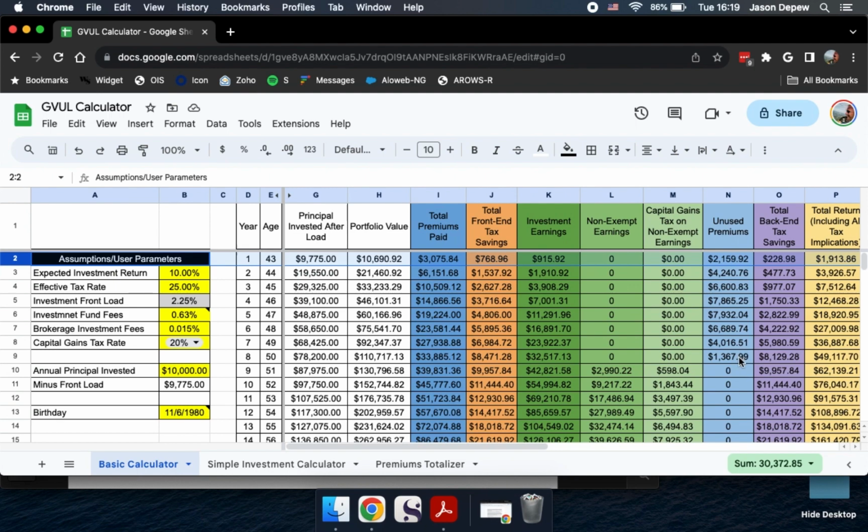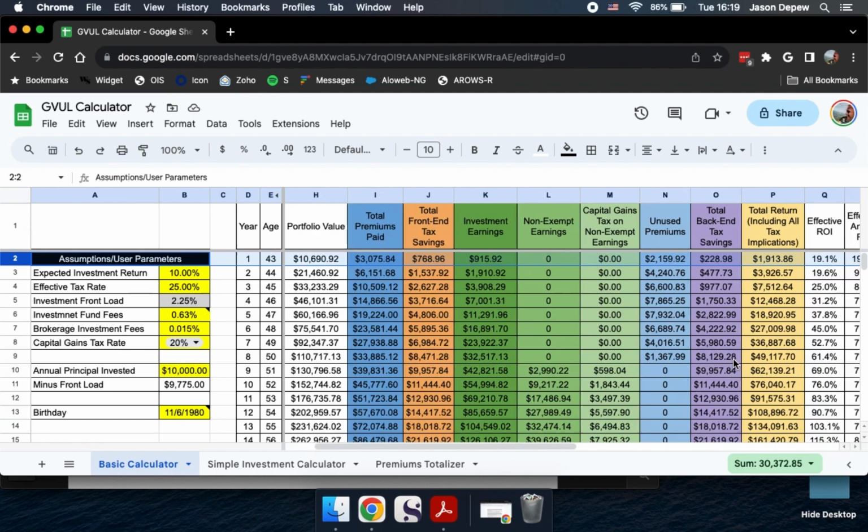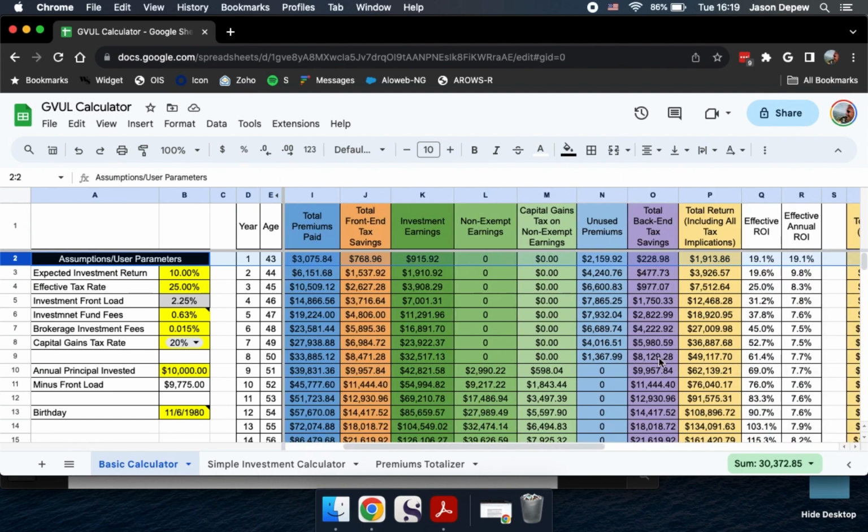This next light blue column just shows unused premiums. So up until the point where your investment earnings exceed the premiums paid by Delta, there's some potential that you haven't used yet in those premiums that Delta's paid. So this kind of accounts for that. Next, we've got this purple column for total back-end tax savings.